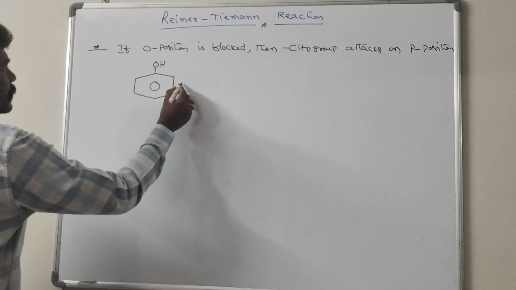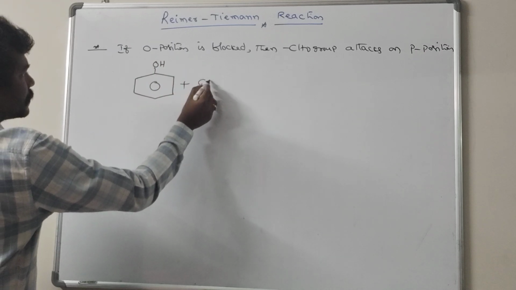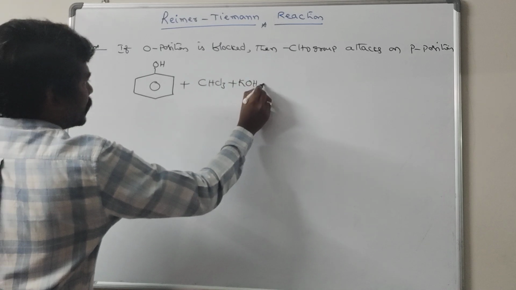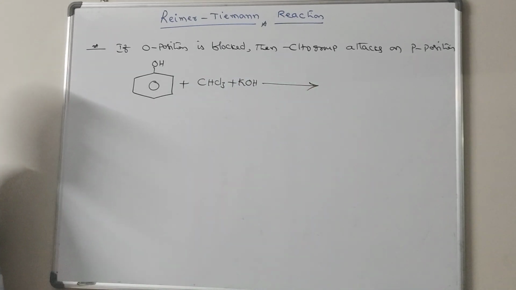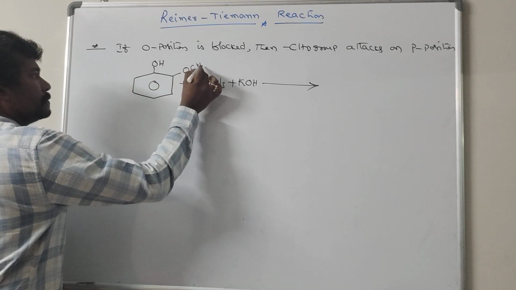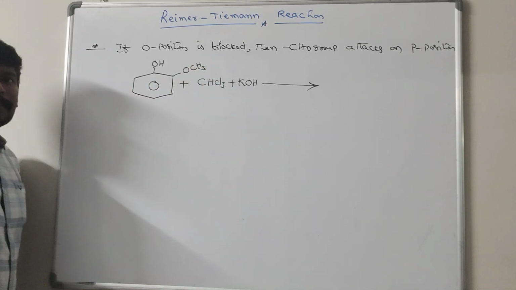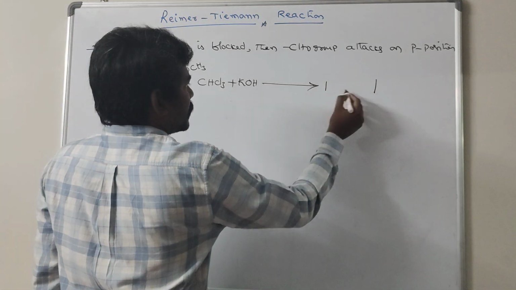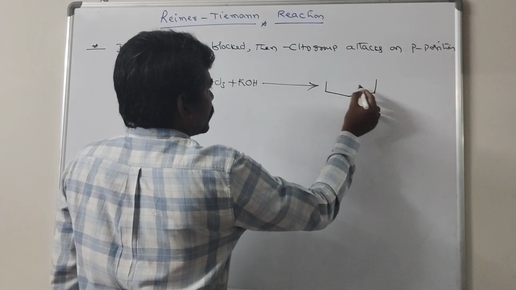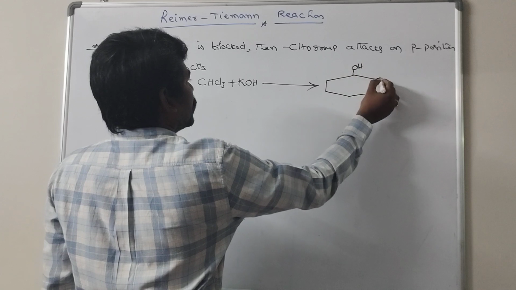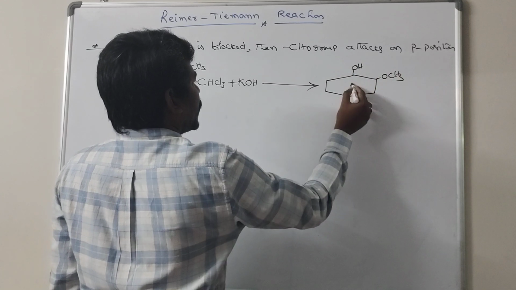This is phenol that undergoes Reimer-Tiemann reaction. If the ortho position is blocked, so what happens? The CHO group appears at the para position.